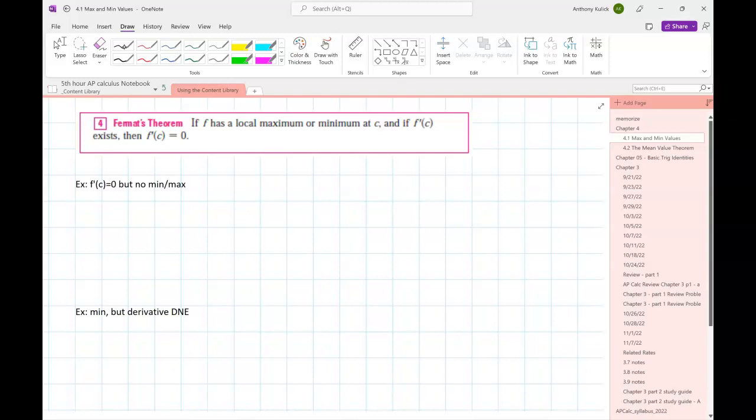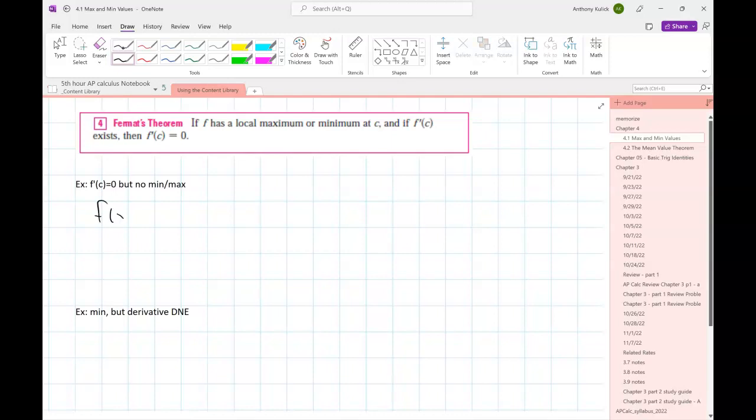This we have to be a little bit careful about because it's easy to treat this as something stronger than it is. So let's show you that the converse isn't true: just because I have a place where the derivative is 0 doesn't mean that we're going to have a local maximum or local minimum there.